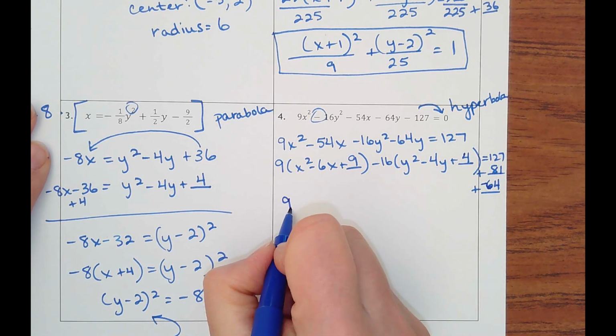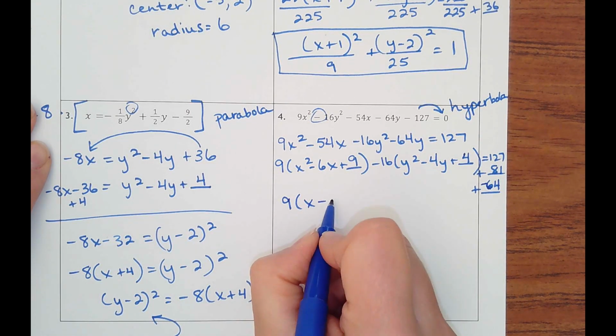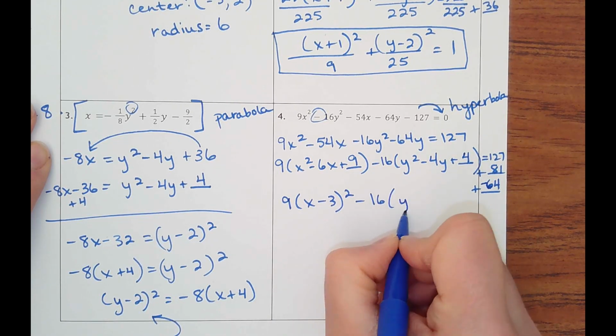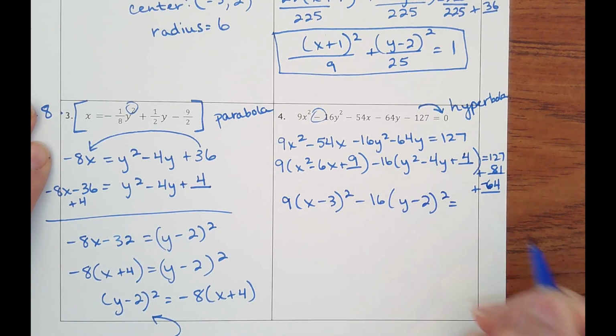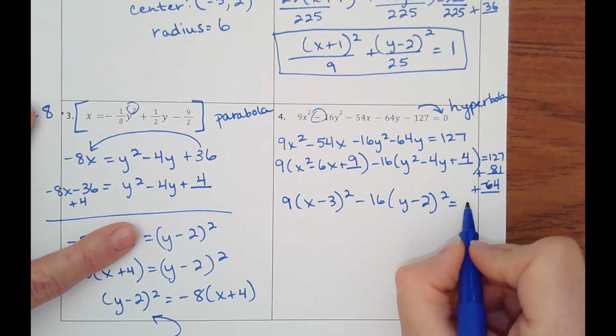Okay, so I've got 9 times, that would factor into x minus 3 squared, minus 16 times y minus 2 squared, and 127 plus 81 minus 64 is 144, perfect.